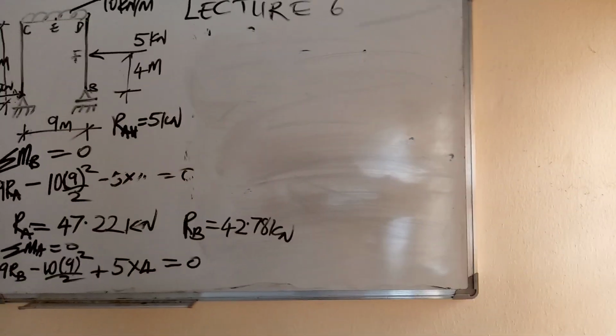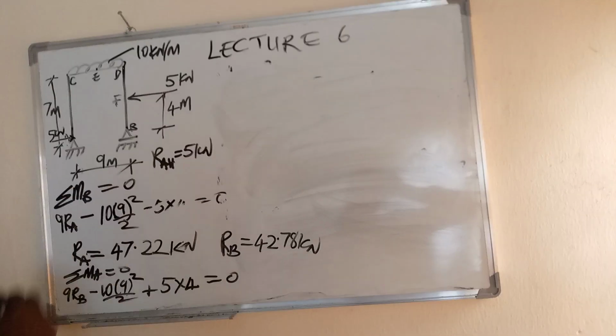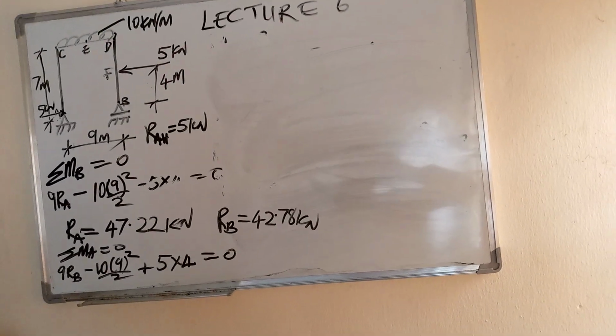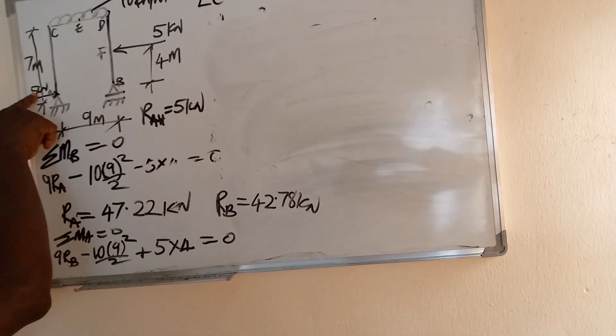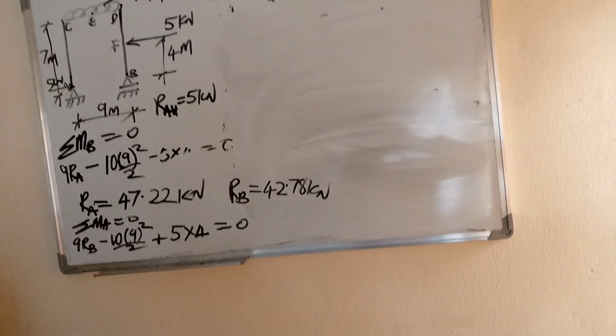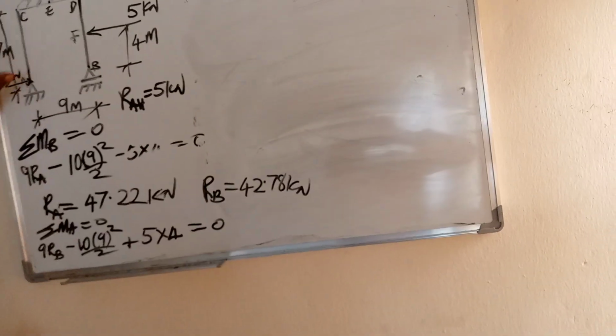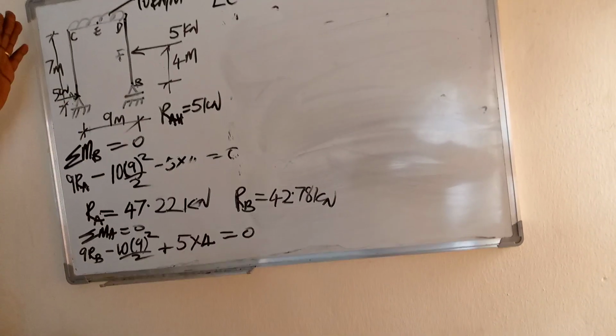So getting the shear force is simple. First, along AC, this 5 will generate the shear force. The vertical reaction A will not bring shear force, because it's a normal force to AC.